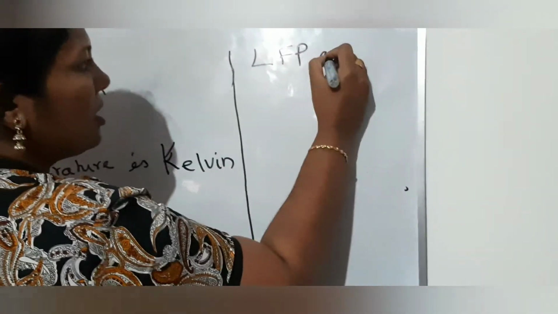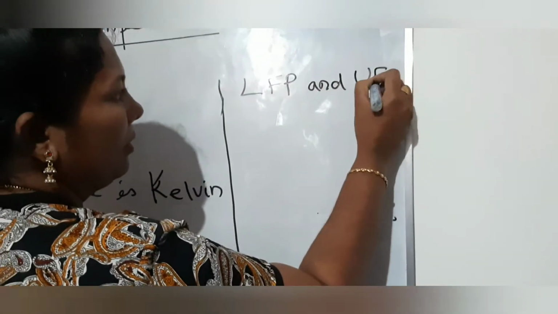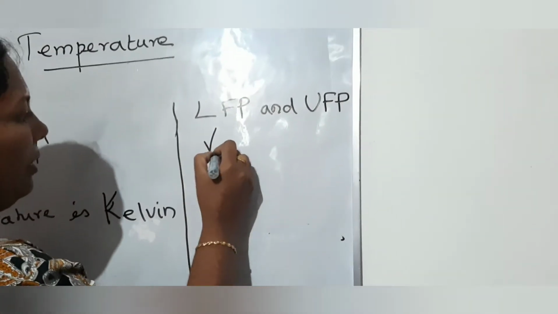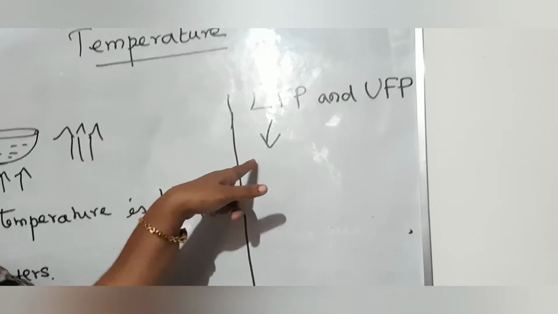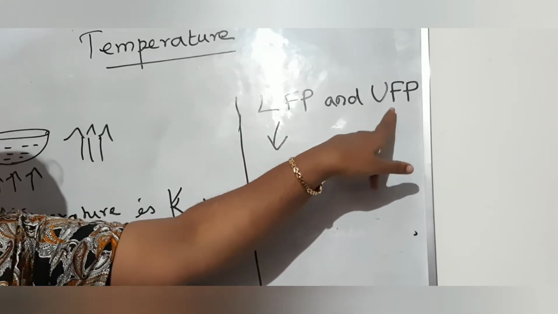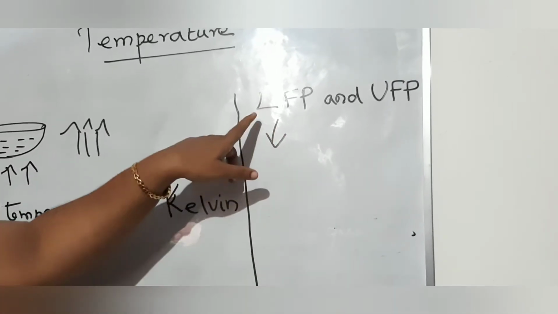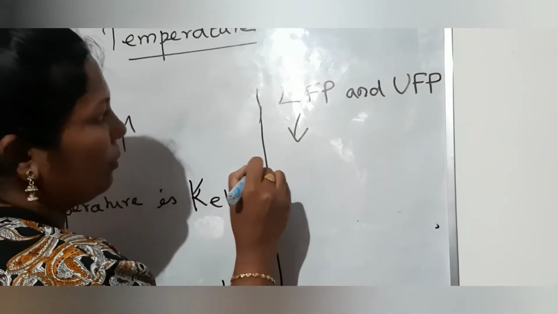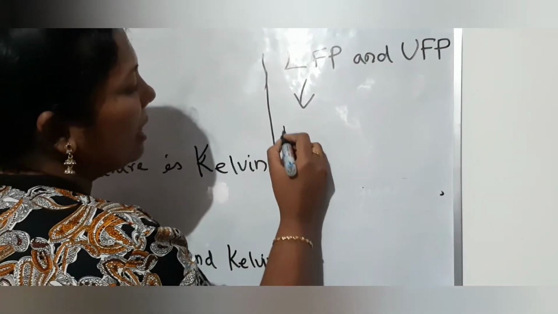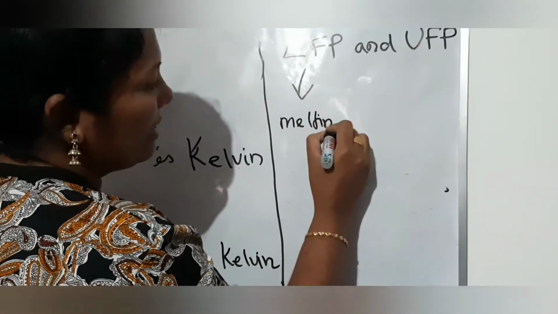LFP and UFP. What is LFP? Actually, LFP is the lower fixed point and UFP is the upper fixed point. This denotes the lower fixed point and this is the melting point of ice.